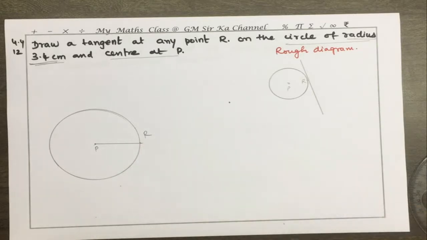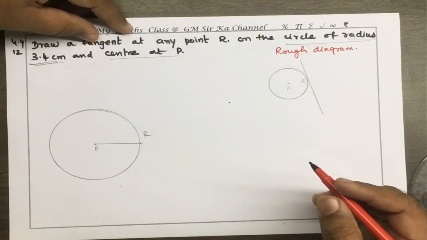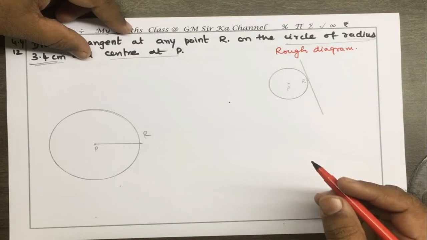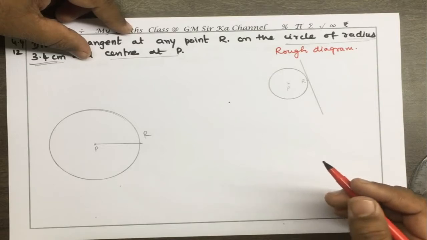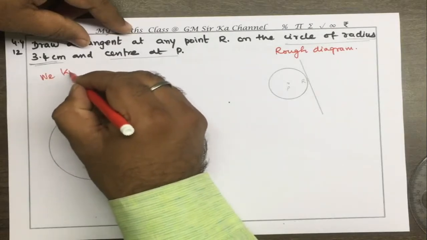Now we know that the tangent is perpendicular to the radius at the point of contact.